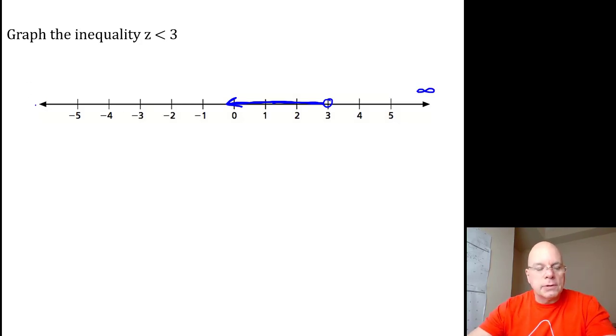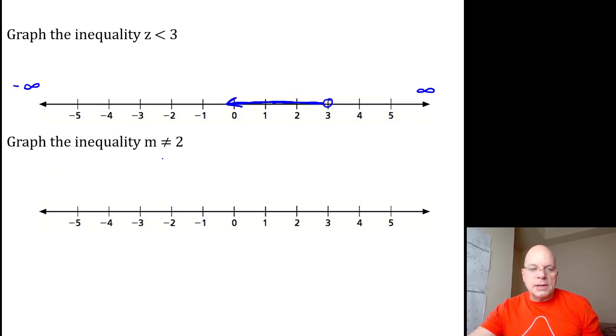The least value, if you go all the way to the left, these negative numbers, they get smaller and smaller. They look like they get bigger and bigger, but since they're opposites, they get smaller and smaller, and you would end up at negative infinity. So the possible values of z are any number less than 3 all the way to negative infinity.